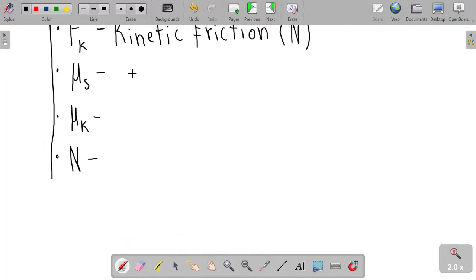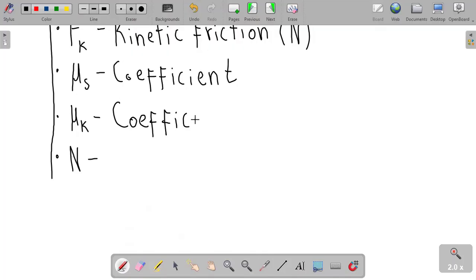Then this thing over here is not an English letter. It looks like a U, but it's not. This is the coefficient, in both cases.